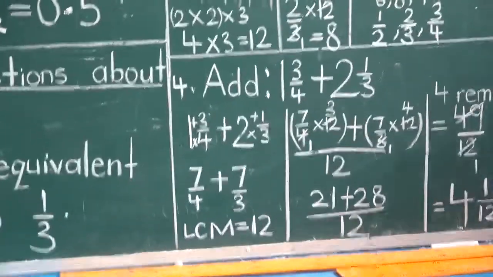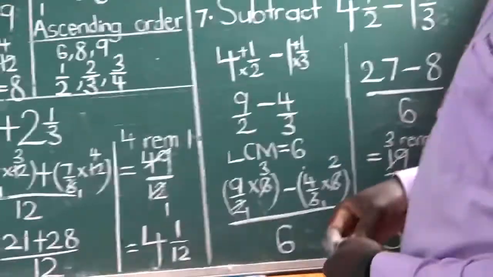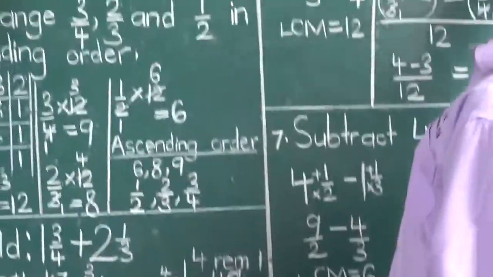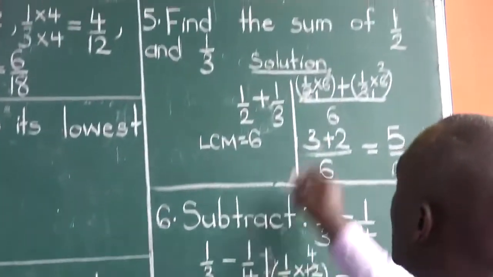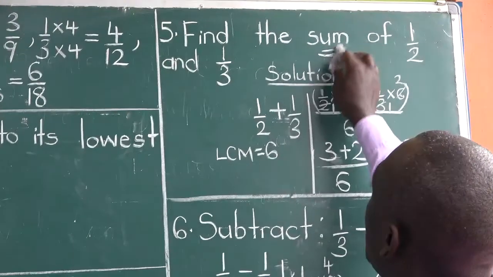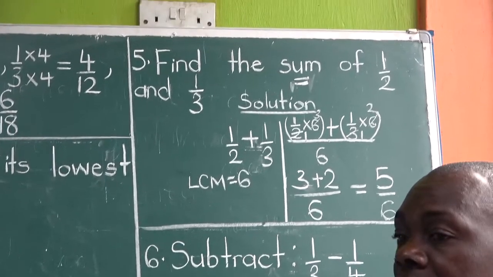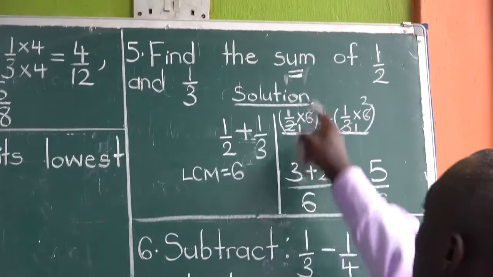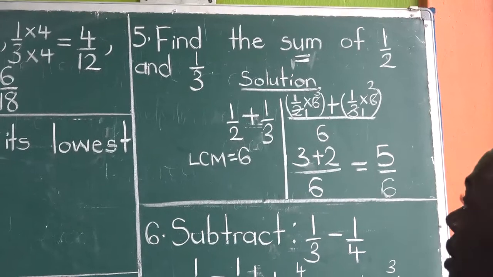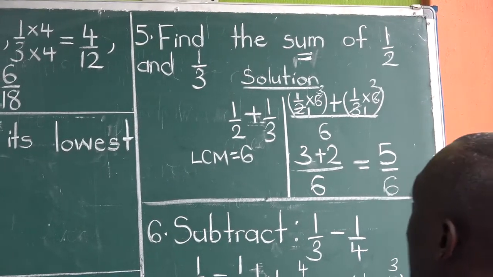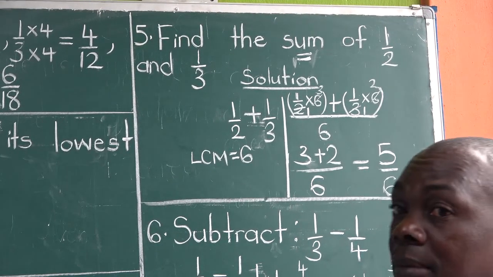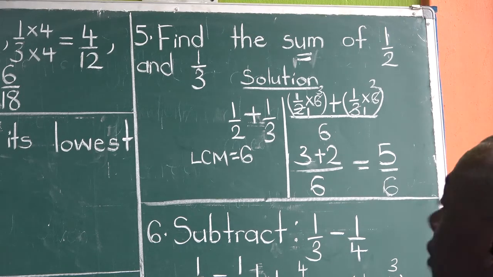As we look at another common question about fractions, it reads, find the sum of a half and a third. Here, you look at the word sum, like we did in the operations on numbers. We say the sum is the result after adding two numbers. In other words, find the sum of a half and a third is the same as add a half and a third.